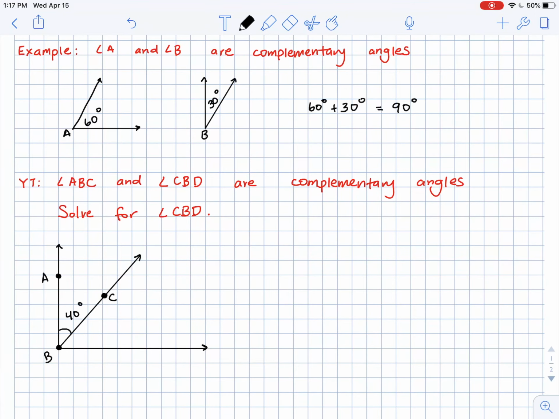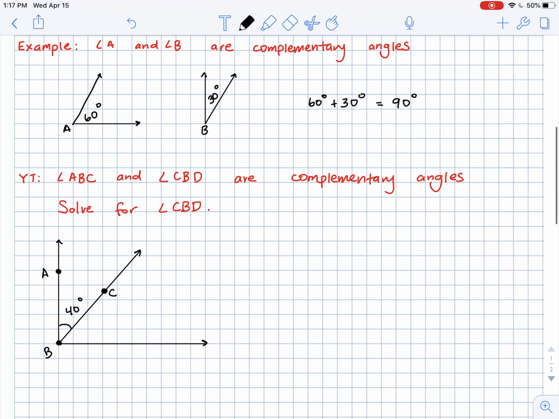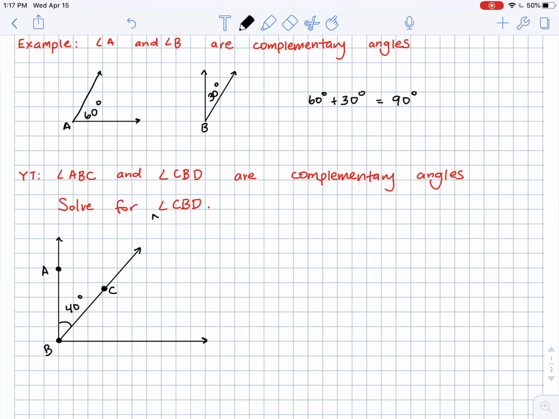Now, I want you to solve for, let me be specific, the measurement of angle CBD. Okay, so angle CBD is going to be here. Take a second and solve for that angle. Okay, what is that going to be?